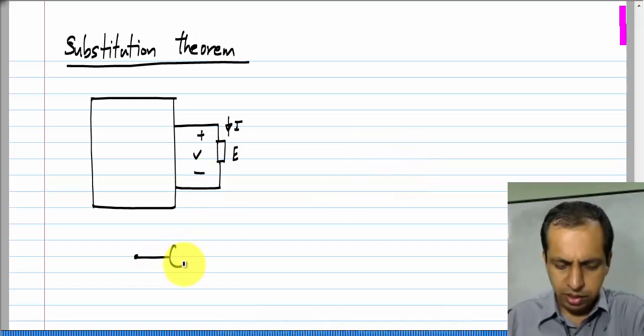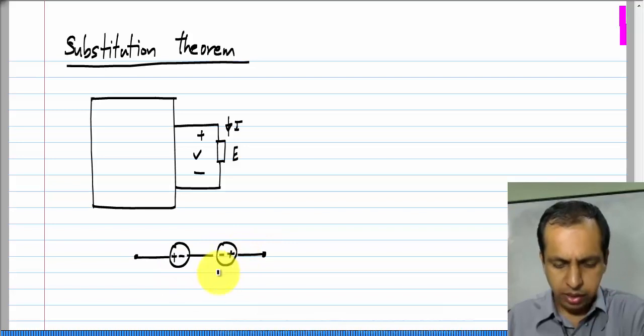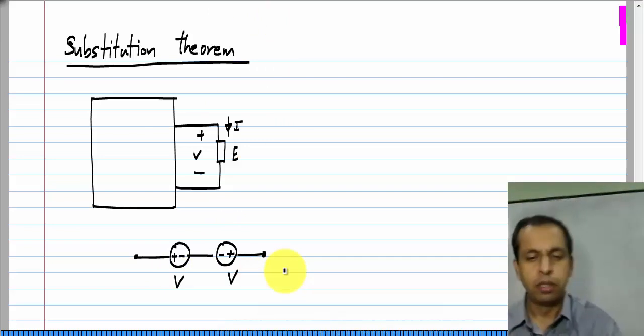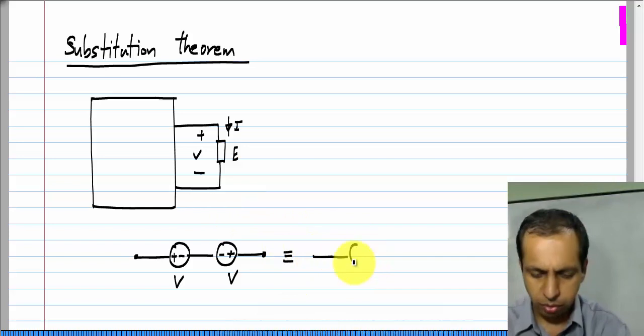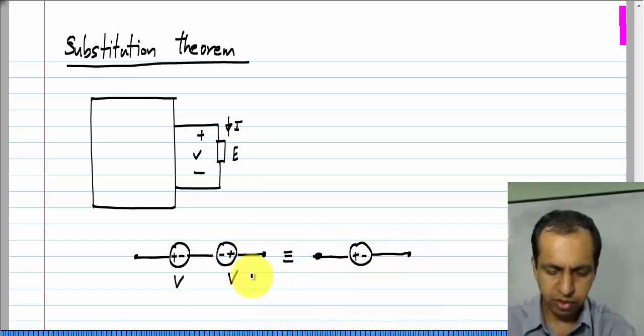First of all, I will consider a series combination of two voltage sources connected oppositely. If you look at the polarities, this has the positive sign on the left side and this on the right side, and both have a value of V. Now, this is equivalent to a single voltage source whose value is the sum of the individual values.